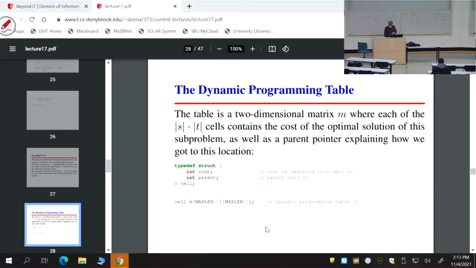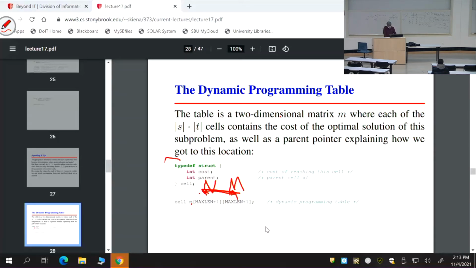If I have strings of length n by m, I'm going to build, let's say big N by big M. I'm going to have a cell for every pair of positions, one in the first string and one in the second string.